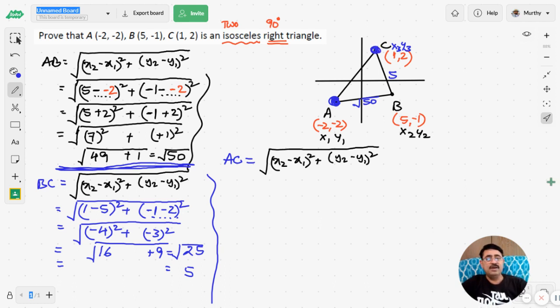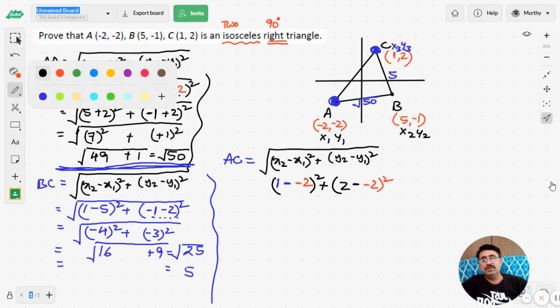It is 1 subtract negative 2. I'm using a different color so that you can understand better. (1 minus negative 2) square. Then y2 is 2 subtract negative 2. Too many negative signs.